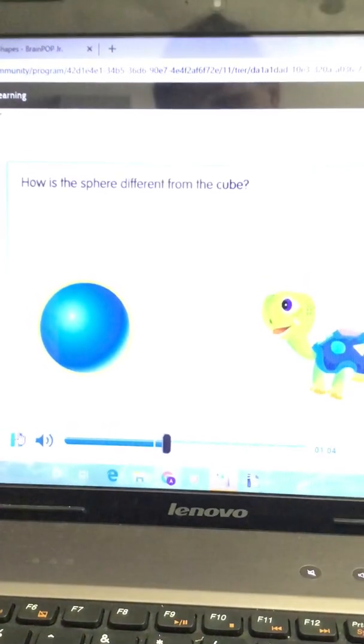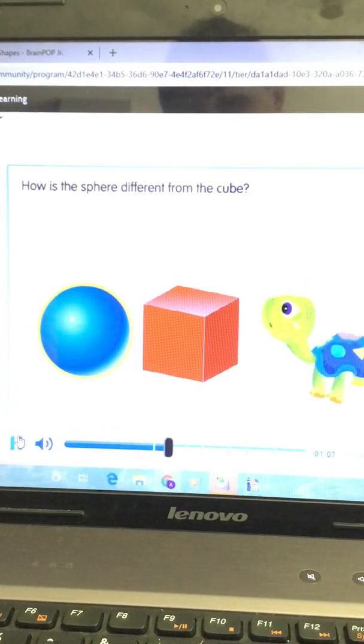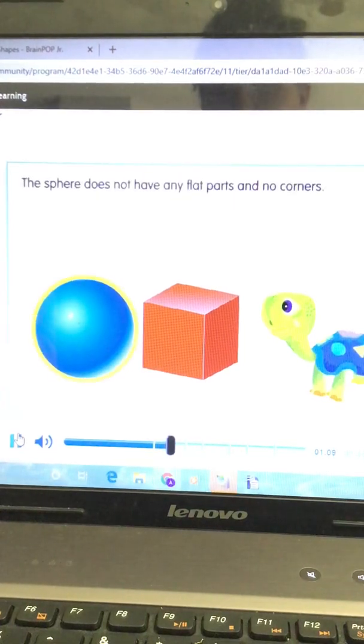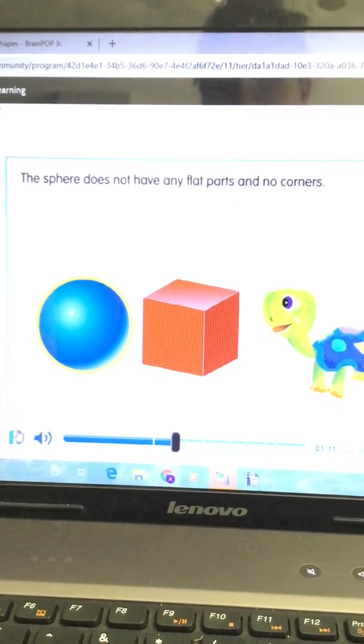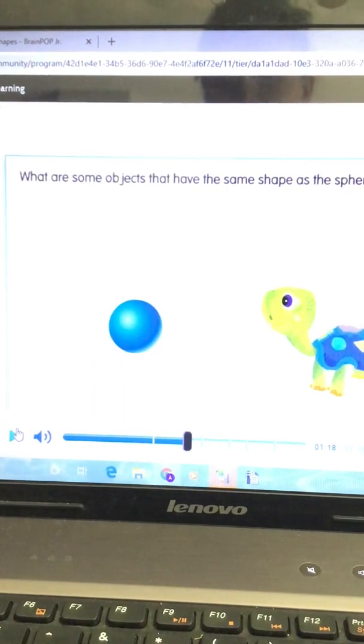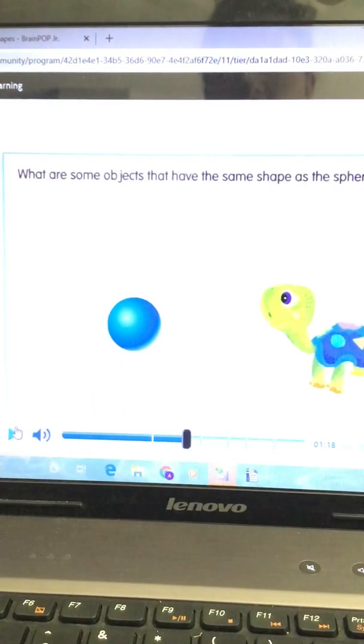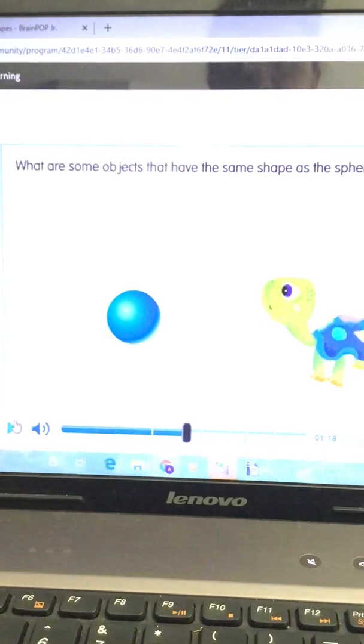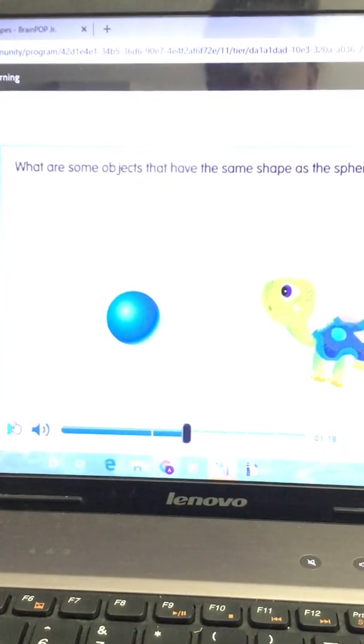How is the sphere different from the cube? The sphere does not have any flat parts and no corners. What are some objects that have the same shape as the sphere? Think about anything you might use in gym class: a basketball, a baseball, a soccer ball.